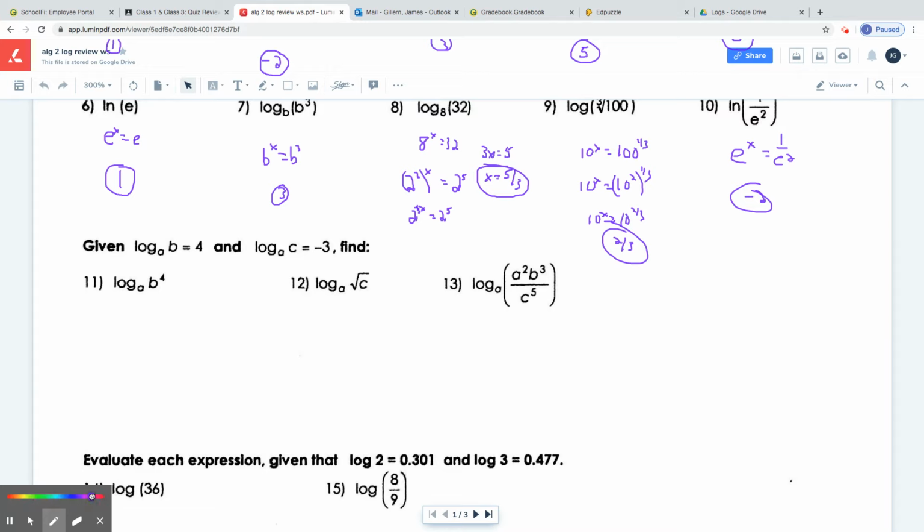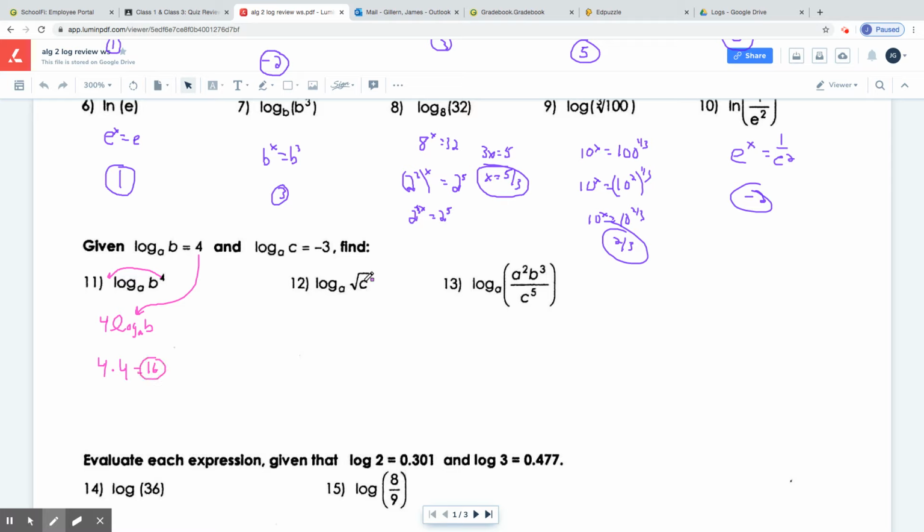For example, the only property we can use right here is to move that 4 out front. So 4 log base a of b, which means 4 times, what is log base a of b? We can substitute that 4 in, and it's 4 times 4, which is 16.